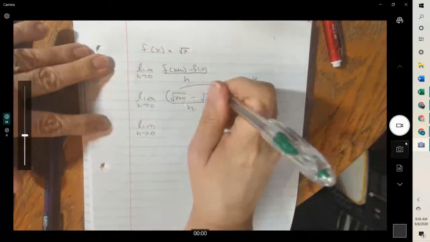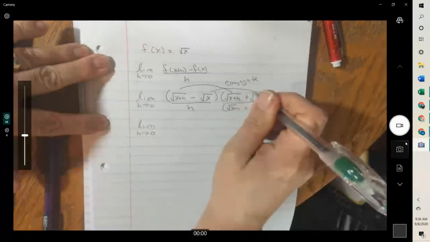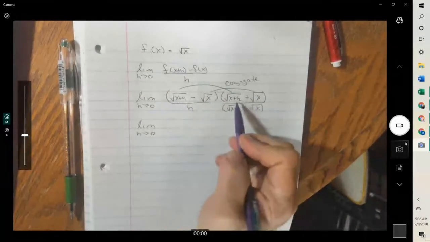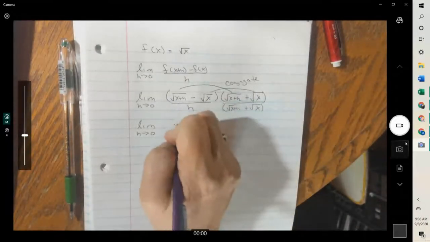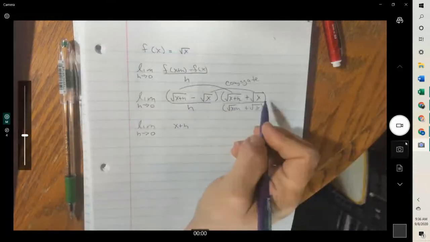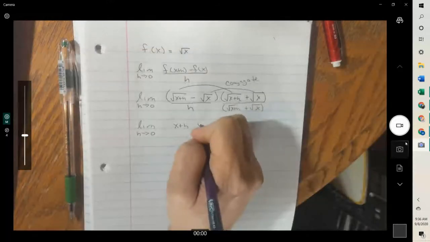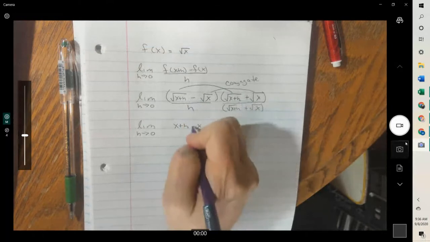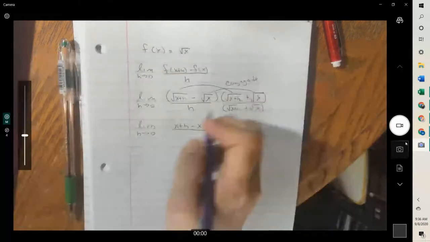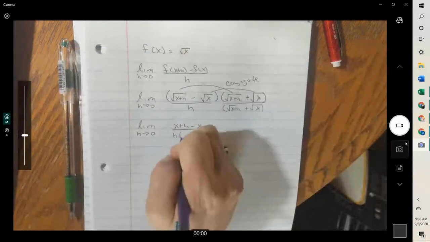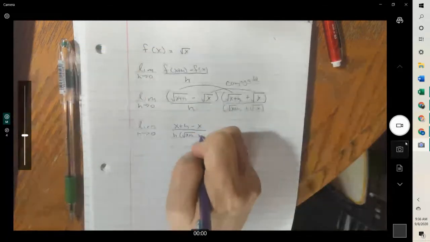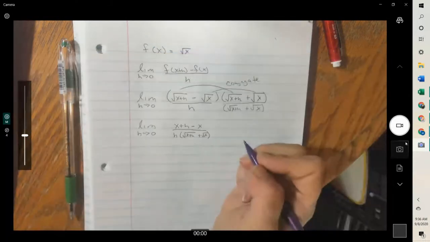So you only have to multiply the first two and the last two. The square root of x plus h times the square root of x plus h is just x plus h. The square root of x times the square root of x is just x. And a negative times a positive makes it a negative x. All over h times the square root of x plus h plus the square root of x.